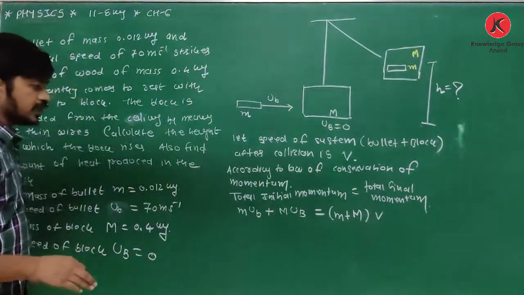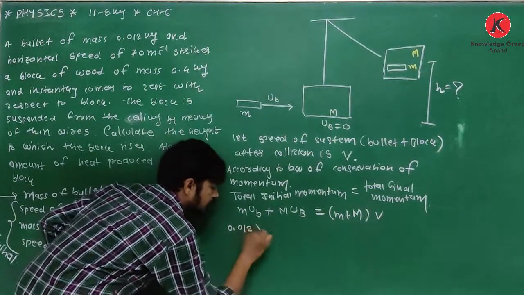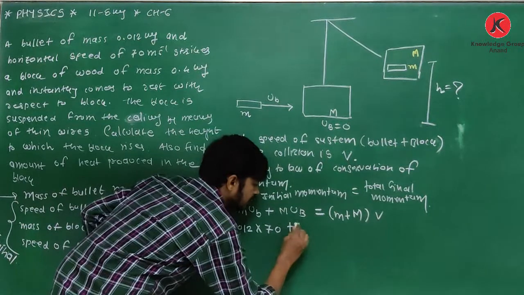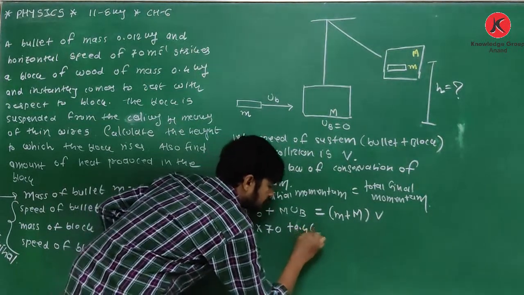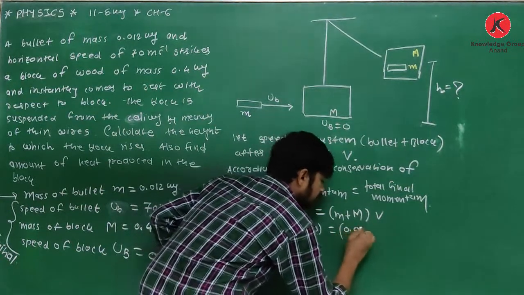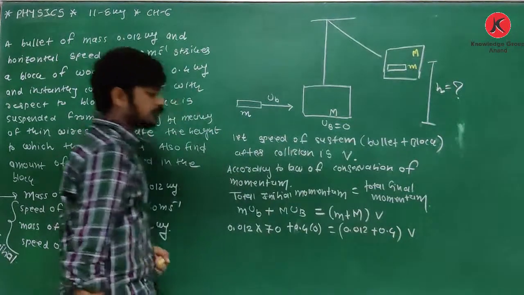Now you have to calculate this. m is 0.012, ub is 70, plus M, here it is 0.4, this ub is 0, m plus M means 0.012 plus 0.4, and V you have to find.